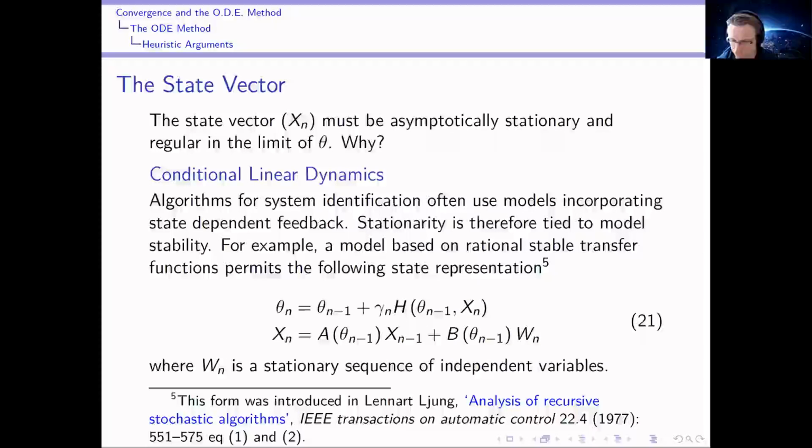So for example, the analysis of recursive algorithms in Jung's original paper refers to the following case of the Markov representation. And we can see that the stability of this model is actually now dependent on A, and in particular, its eigenvalues need to be strictly inside the unit circle.